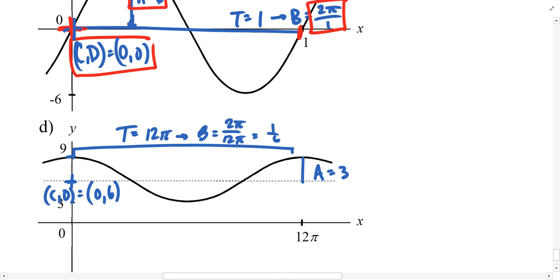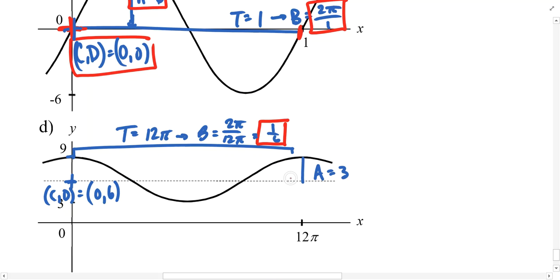So for part D, this has got, well, a little bit more work involved. You've got to interpolate just a little bit more. Our t value is 12 pi units, so the horizontal distance between the starting and ending of the wave is 12 pi. 2 pi divided by 12 pi reduces to 1/6, so we've got a b value of 1/6.